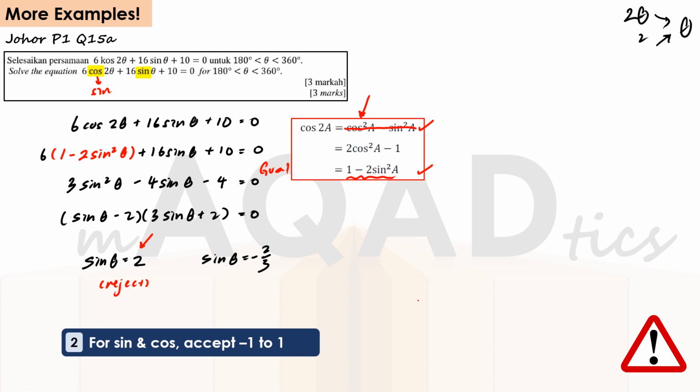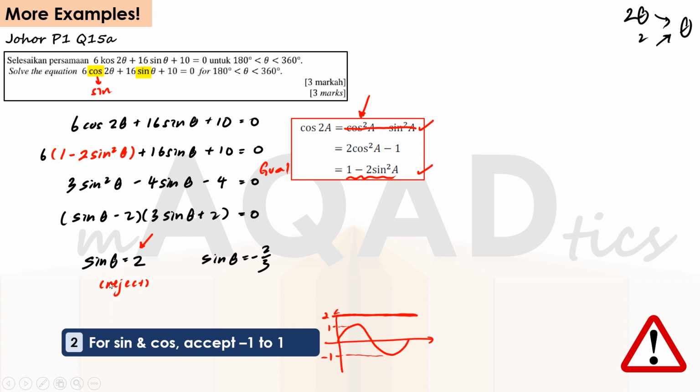Why? If you look at the sine or cos graph, let's say if I use sine, the maximum value that we get is 1 only. Minimum is negative 1. So if they want 2, this means I need to find a value here. And this line does not intersect the graph. So it's impossible to find a value of theta here.